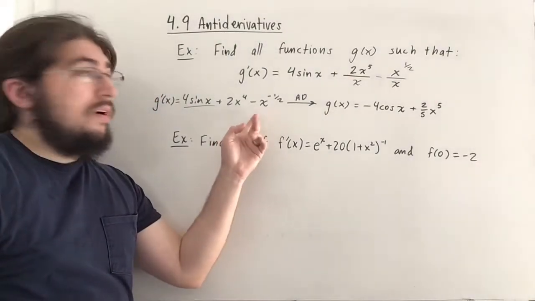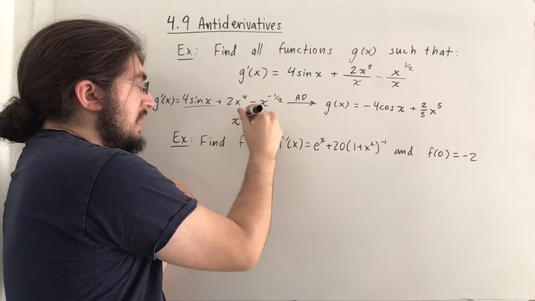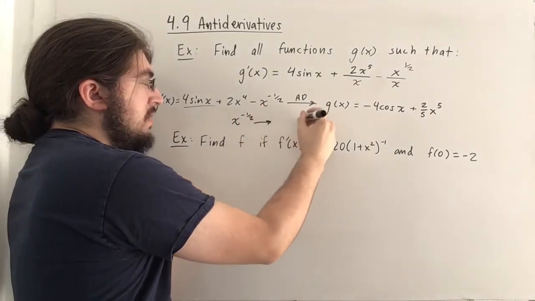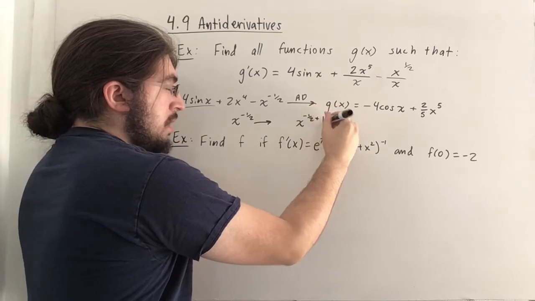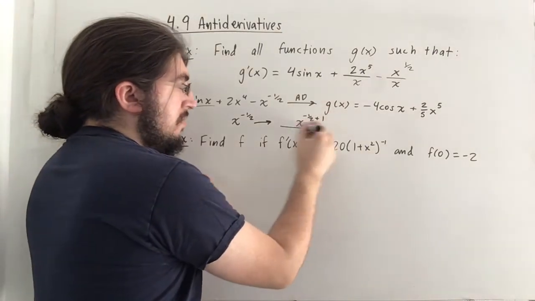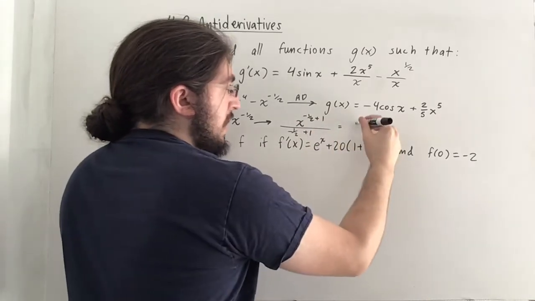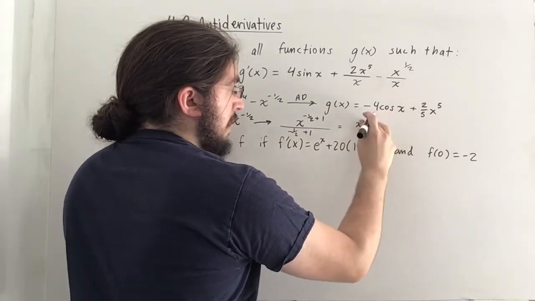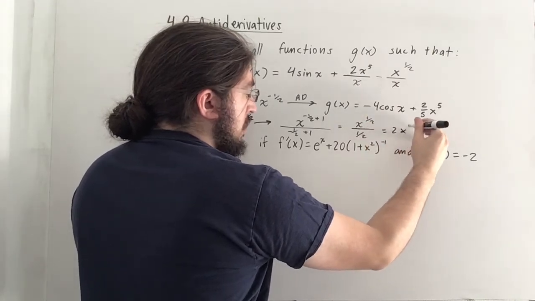Now antiderivative of x to the -1/2, if you add 1 to the power here, so kind of think of this, x to the -1/2, its antiderivative is x to the -1/2 plus 1, which is +1/2, divided by that new power, -1/2 plus 1. So really what you end up getting is x to the +1/2 over +1/2, so 2x to the 1/2.